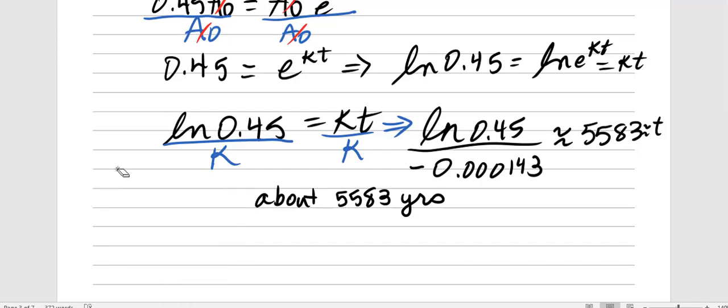The bone is about 5,583 years old. And that's how long it takes the carbon-14 to decrease to about 45%.